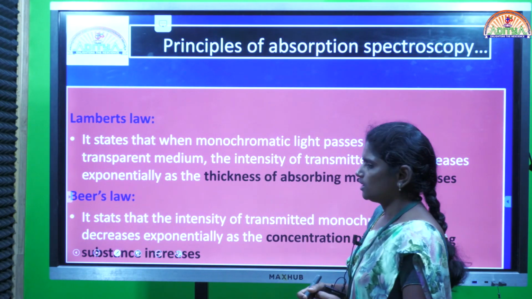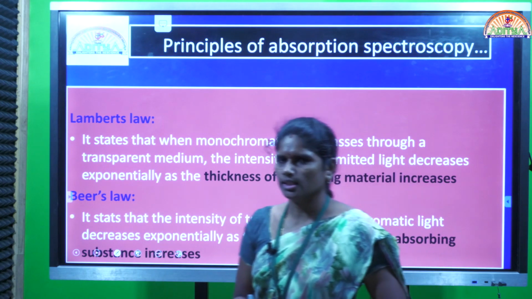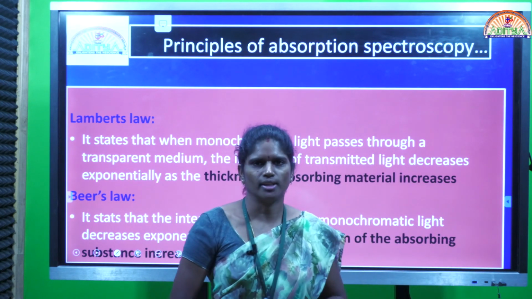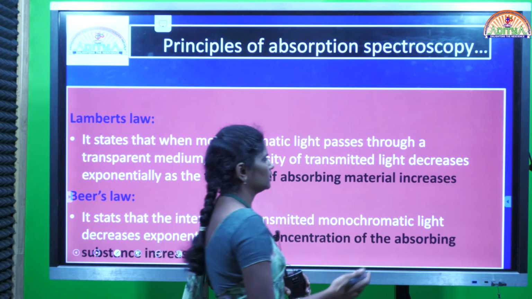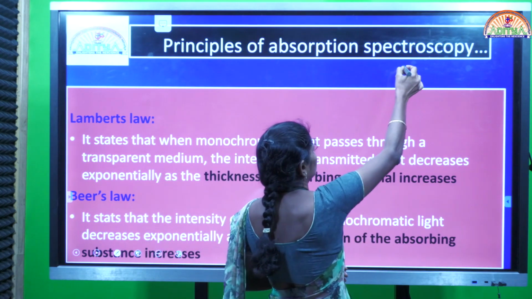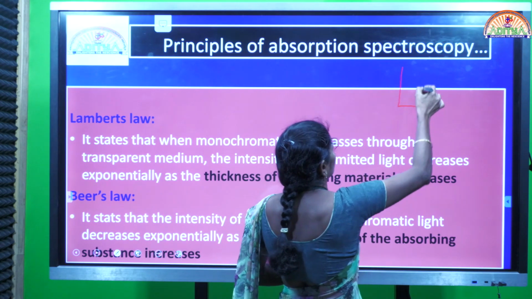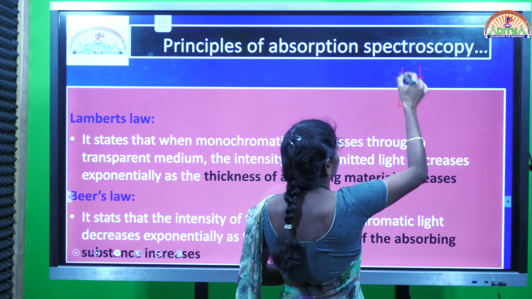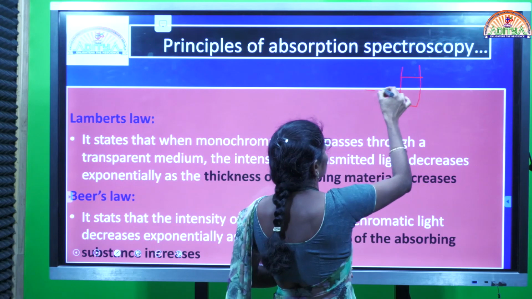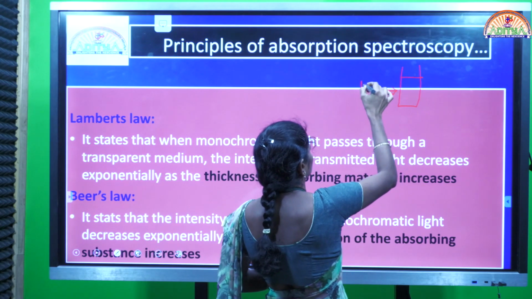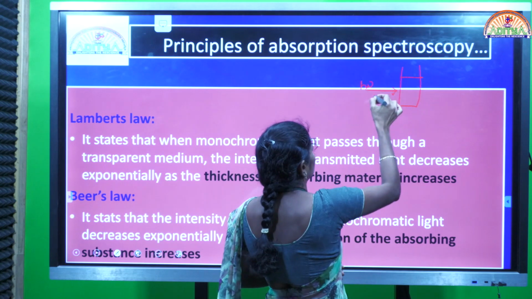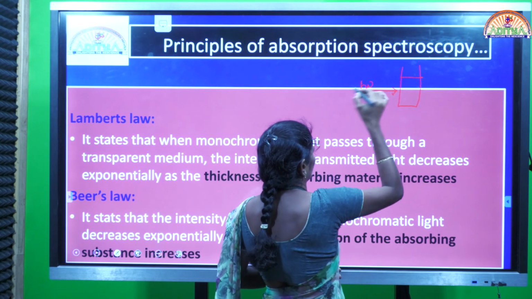In absorption spectroscopy, the amount of radiation absorbed by the sample will be measured. For example, this is your sample solution through which we are passing a radiation whose intensity is given as I0.